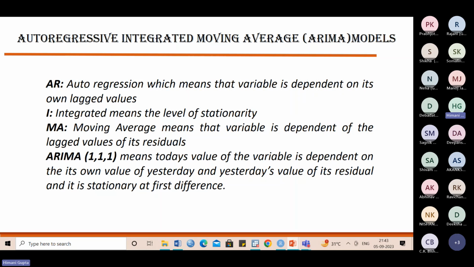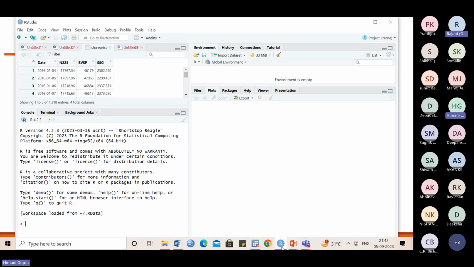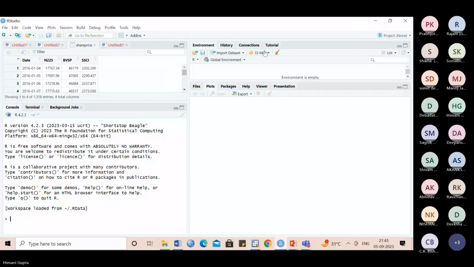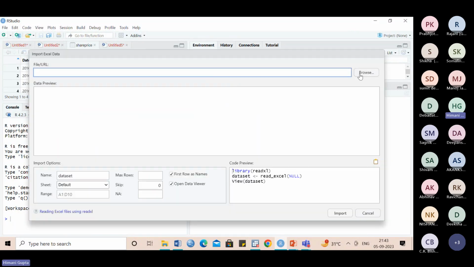Return series is always integrated at 0. That's what I'm saying. Whenever I am judging, scholars say that it is integrated at first difference, but it is not. It is at level only. Okay, let's go with this in R. We will just clear it. Now let's import our data series.